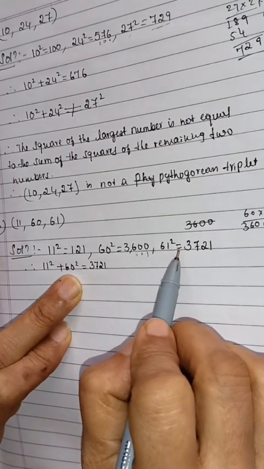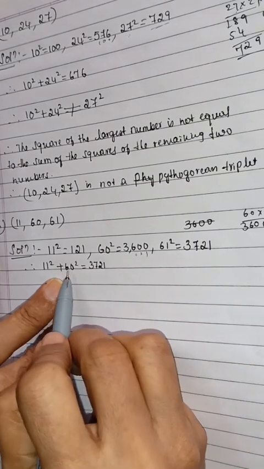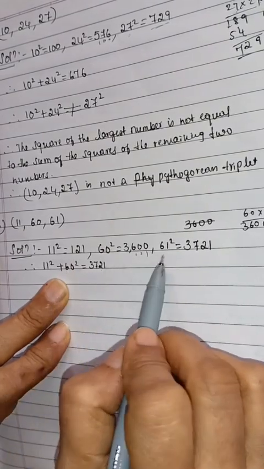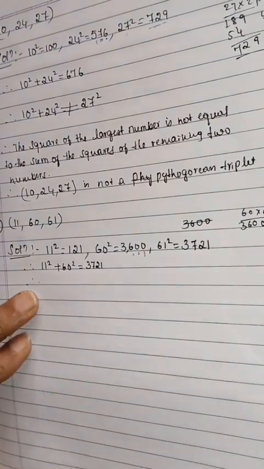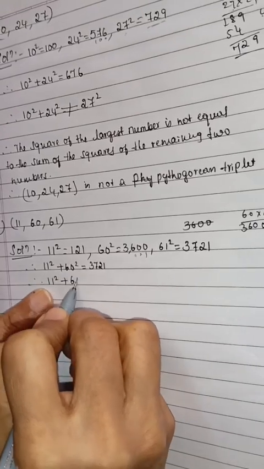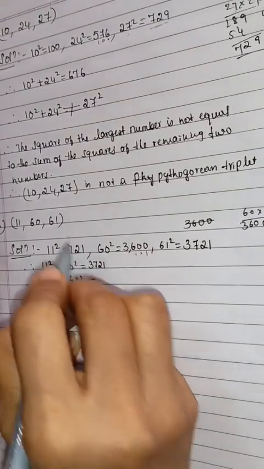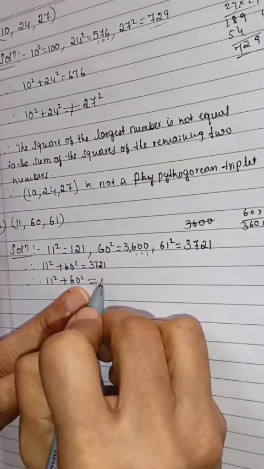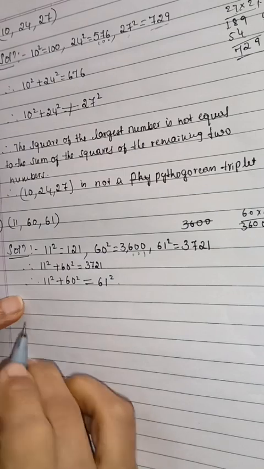The square of the largest number is equal to the sum of the squares of the other two numbers. See, 3721. Therefore 11 square plus 60 square is equal to 61 square.